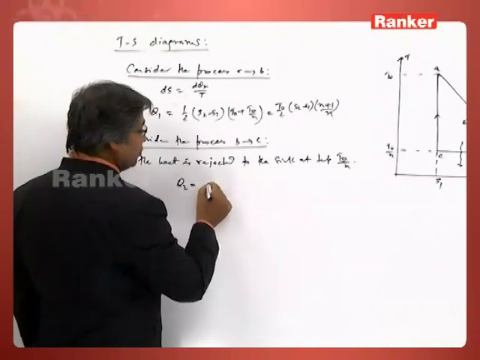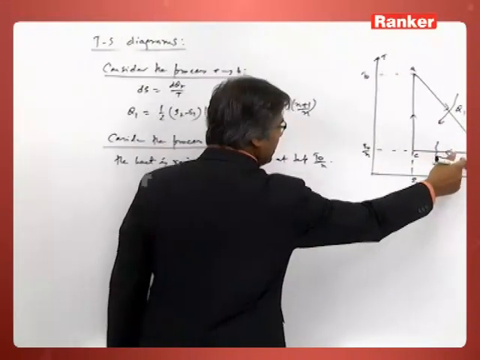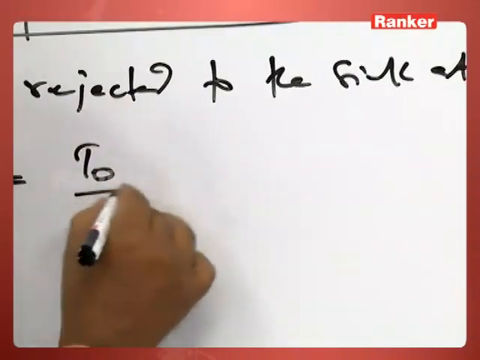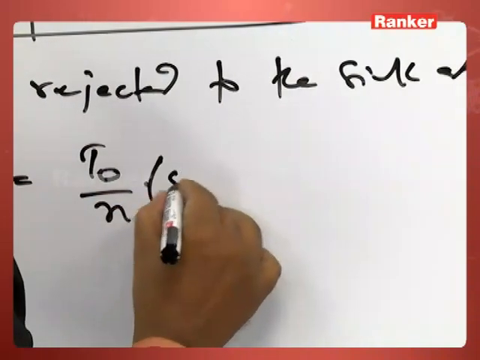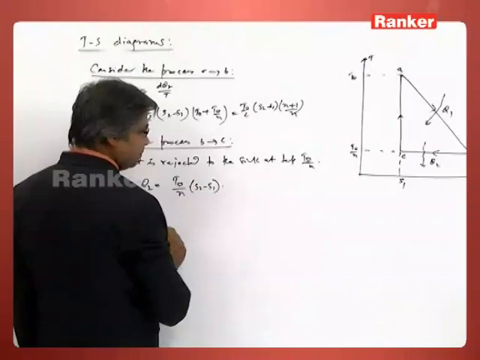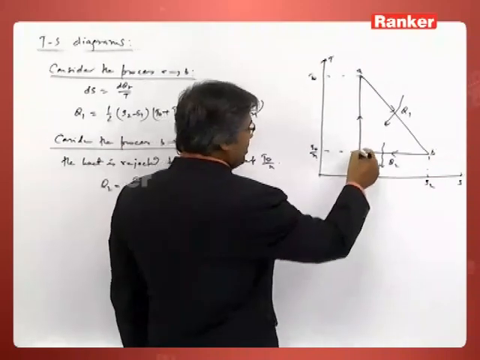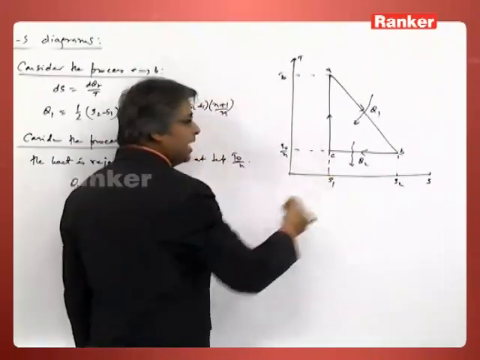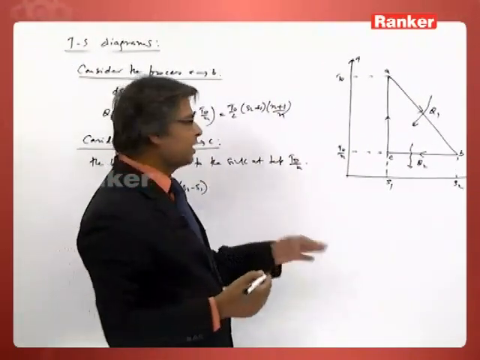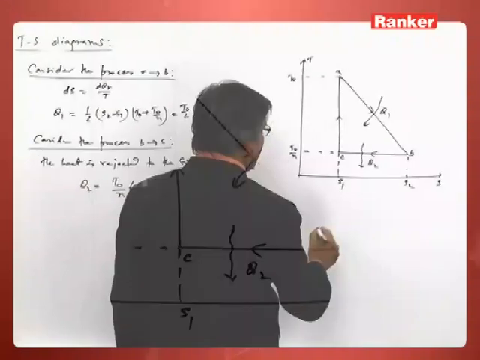Q2 is again the area under this curve, that is T0 by N into S2 minus S1. Again from C to A, the entropy does not change, which means it's an adiabatic process, nothing happens.